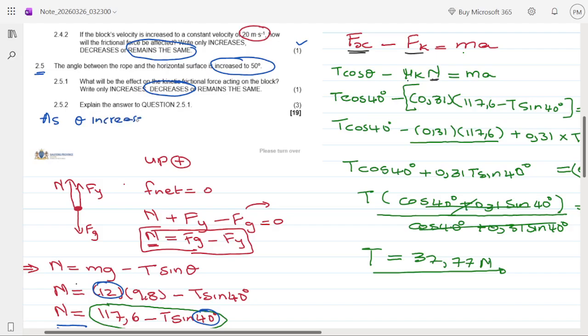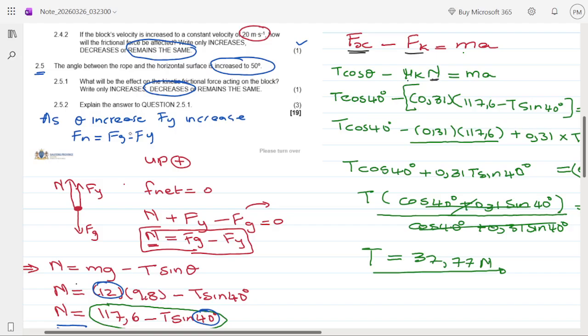we know that the Fy increases. If theta increases, this increases the Fy. What happens if the Fy increases? Remember, the normal force is equal to Fg minus Fy.